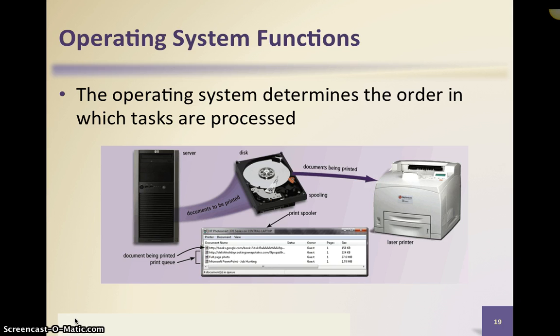What documents need to be printed? If we queue up documents in a print queue, it's the operating system that determines the order in which the documents are coming in. Especially on a network, it's the operating system that says Jane got hers in first, then Bob, so that's the order we're going to print them in.